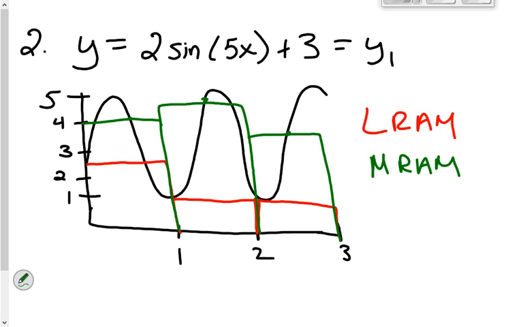Now that's doing a little better, but we're still including whole areas here that aren't under our curve, and over here too, but we're really not missing as much.